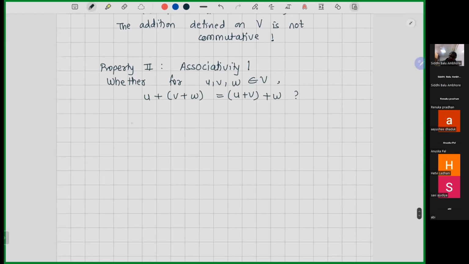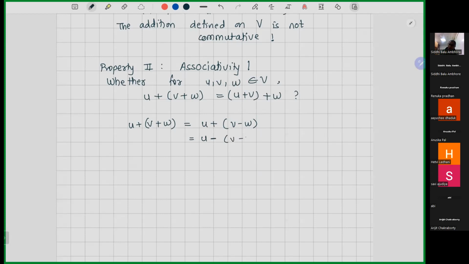So let us write what U plus (V plus W) is. U plus, and this addition is the vector addition which we have defined on V, so it is V minus W. We have taken V first and then subtracted W, so this is now a real number, I mean an element of V. So we have to check U minus (V minus W).